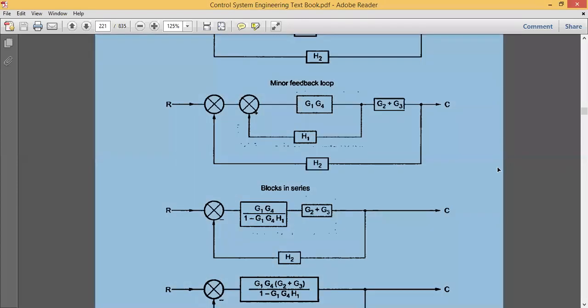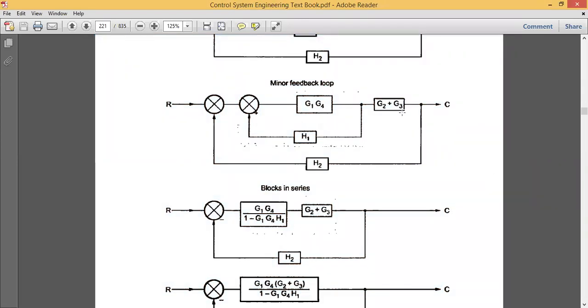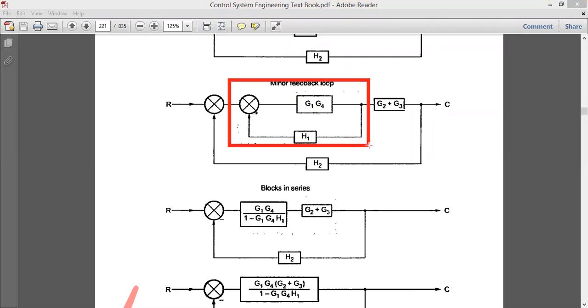So that critical rule is nothing but this point is being connected to the summing point through a feedback of H. So then this block becomes my minor loop. So what does the loop basically consist of?